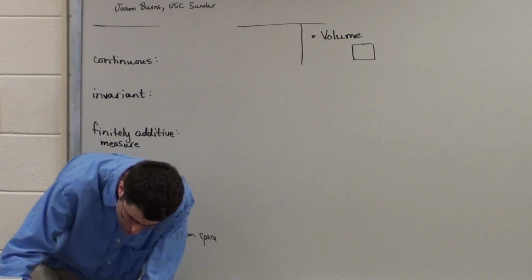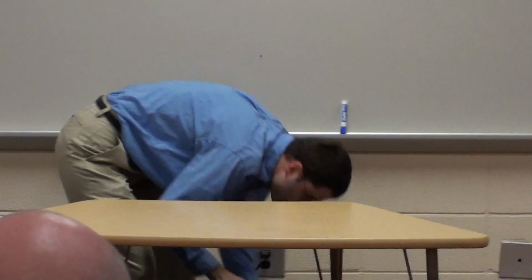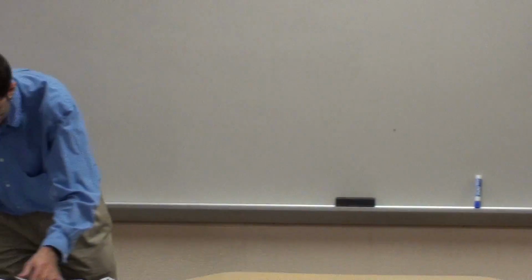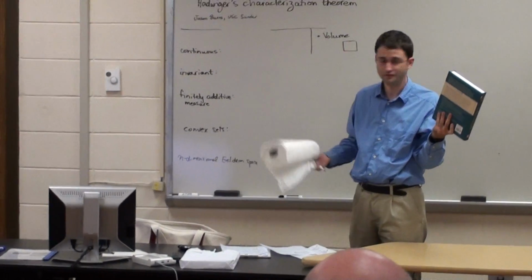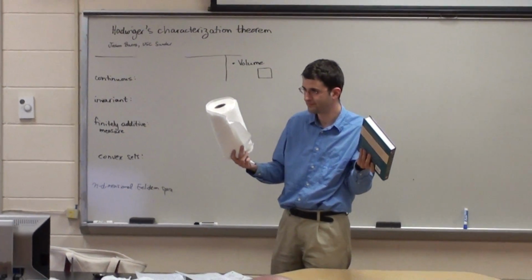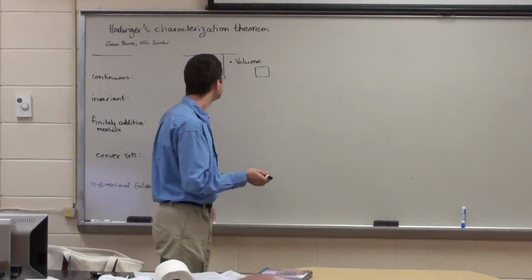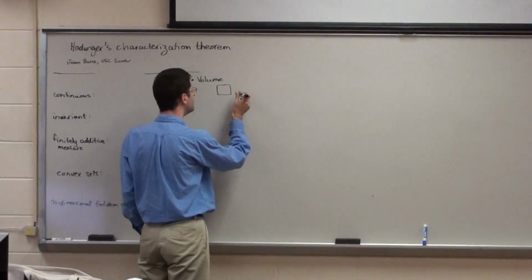if you have two sets, just some random sets here, the volume of this is 5, the volume of this is 7, what's the total volume? Close enough. So that's a basic property of volume.